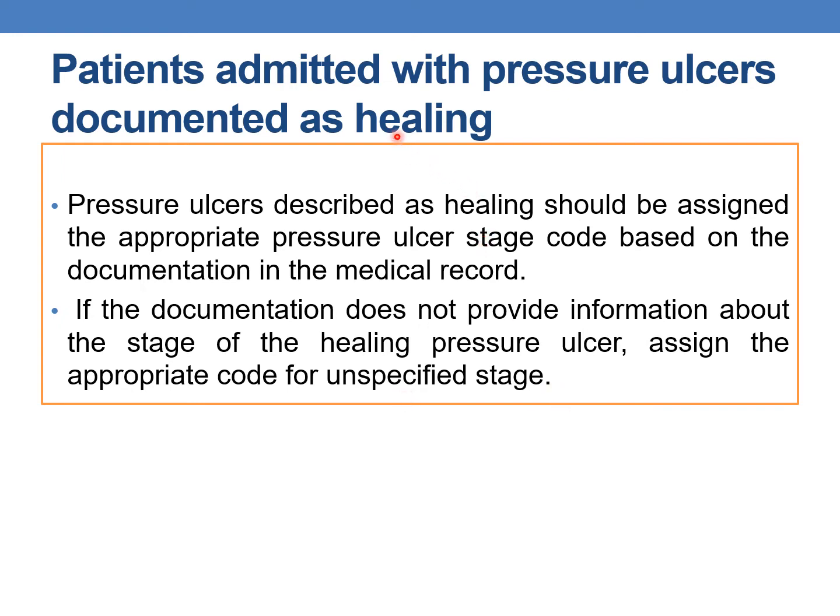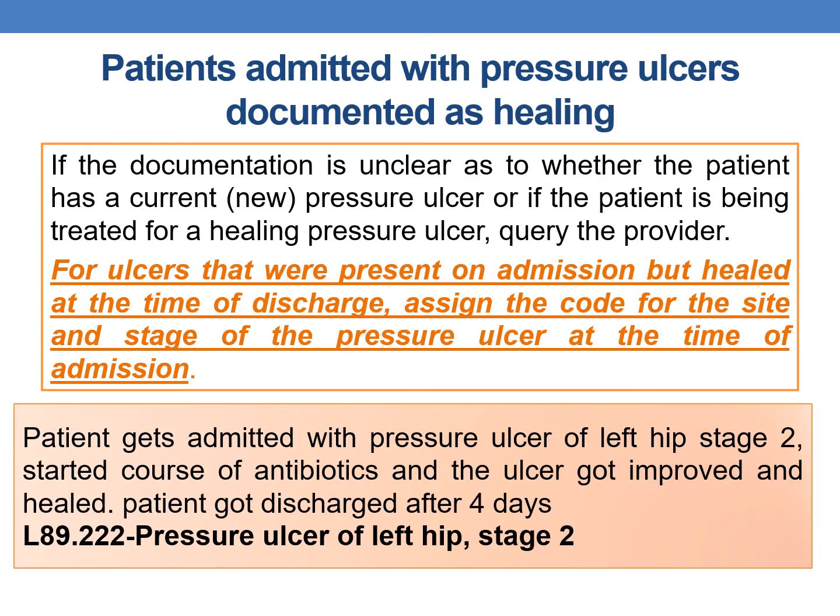So healing is also considered as the wound is still active. So you need to code the appropriate pressure ulcer stage code. And if the stage is not documented, you need to code the appropriate unspecified stage. There is still continuation for patients admitted with pressure ulcer documented as healing.